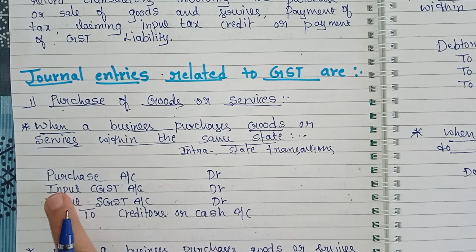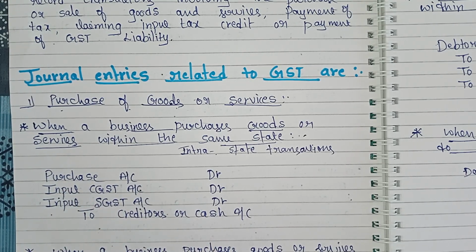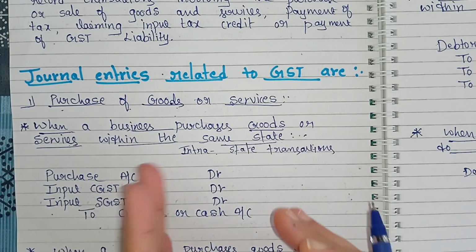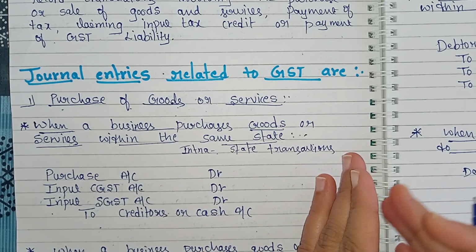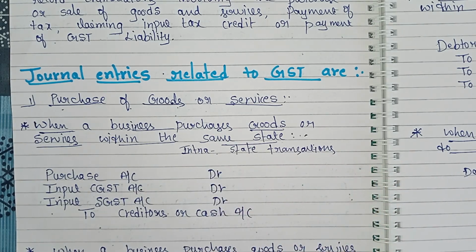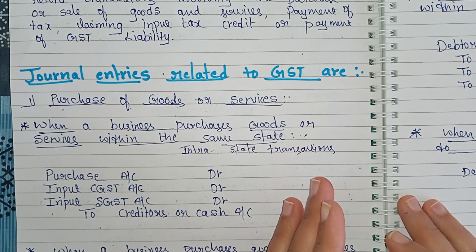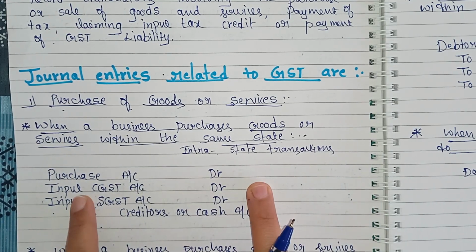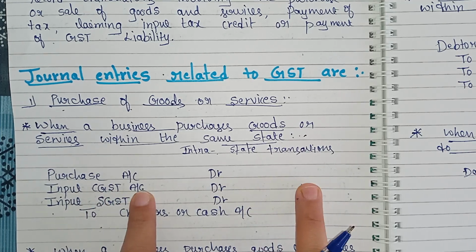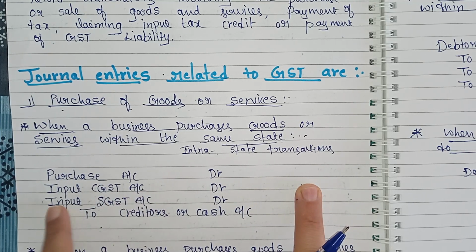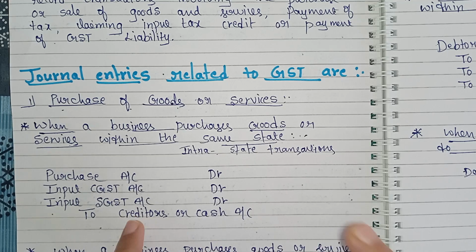Now we will see what is input CGST. It is a ledger that is used to record the central goods and service tax that is paid on purchase. We need to record the tax amount here. And what about input SGST account?